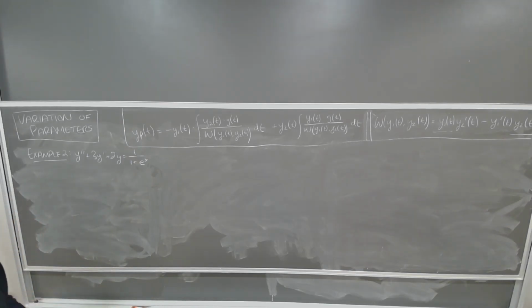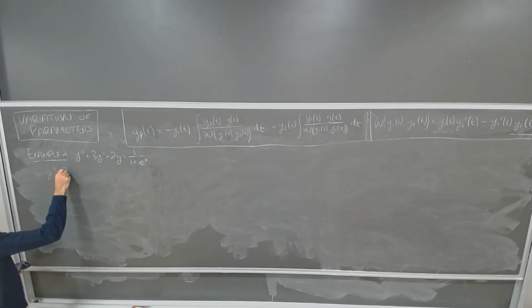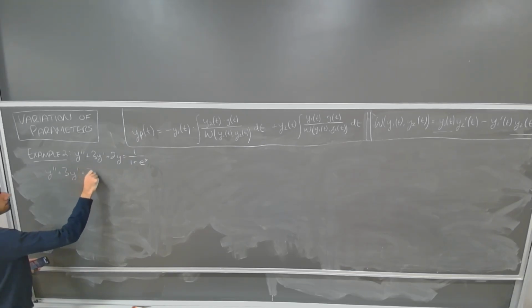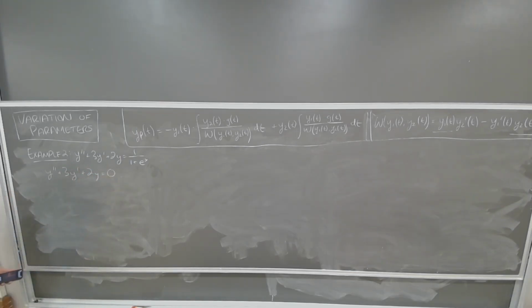Of course, we need our complementary solution first, so we look at the homogeneous version of our differential equation. Again, this is a constant coefficient differential equation, so we'll guess y equals e to the kt and substitute. I'm just going to skip a bunch of steps.